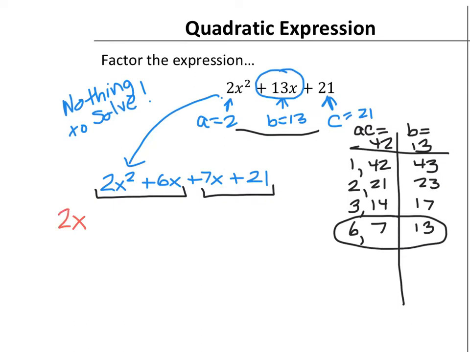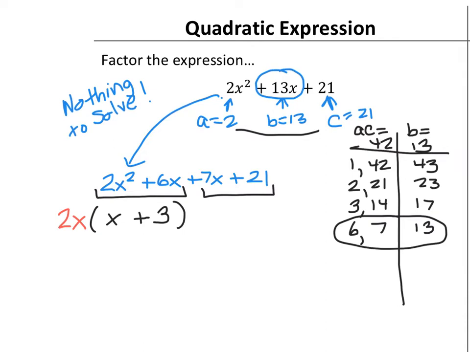And what we're doing here is using the distributive property in reverse, which is division. So 2x squared divided by 2x would be an x, and 6x divided by 2x would be a 3. So you can see if you did the distributive property back, you'd end up right back with the 2x squared plus 6x.